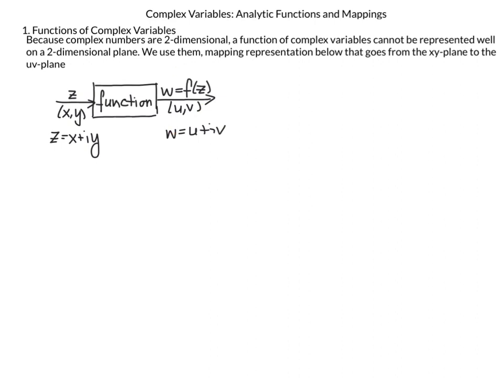In other words, w is equal to u plus iv. It is typical to refer to our domain, or what we plug into the function, as xy, and then our range, or what we get out of the function, as a uv pair. And we talk about the xy plane versus the uv plane.